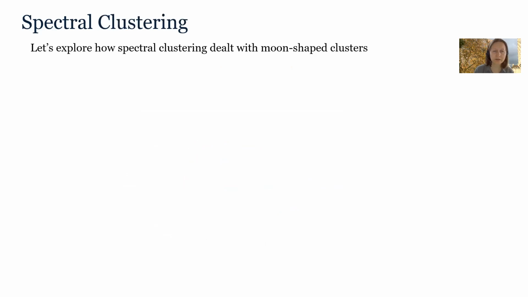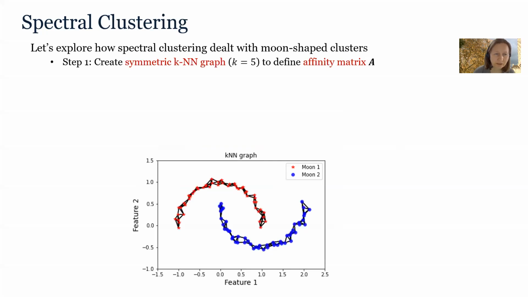So let's see why spectral clustering works for this example. Spectral clustering builds on Laplacian eigenmap that you already know and are familiar with, but I will recap the main steps. In the first step, we create a symmetric K nearest neighbor graph to define the affinity matrix.